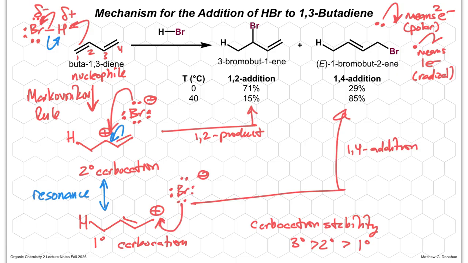One thing I do want to say about resonance hybrids, I have to draw these things as separate. I mean, you see them separated on the board. In the physical reality of how these things exist, it's not like the H adds, then you get this one, and then this thing is floating around separate.